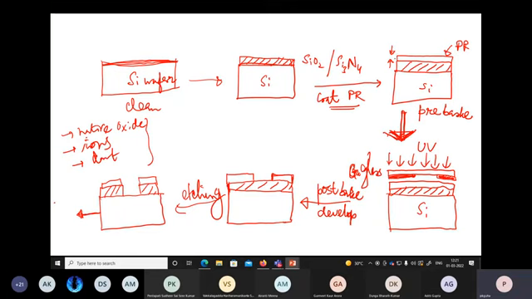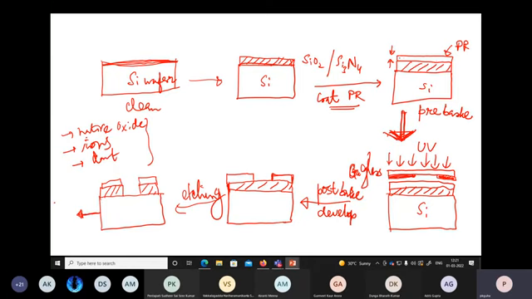Now what you do, you put a photoresist. So how do you put a photoresist? You drop photoresist. Photoresist is basically a photosensitive polymer. So you drop a photoresist and then you spin coat. You spin the wafer or the substrate. When you spin it, it will form a thin layer of photoresist.